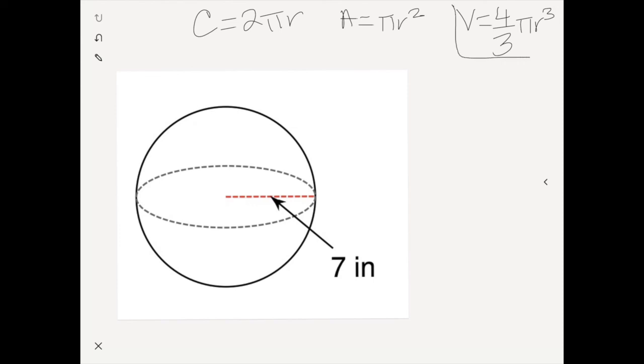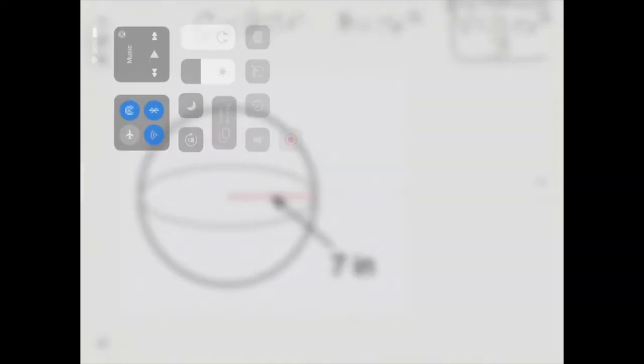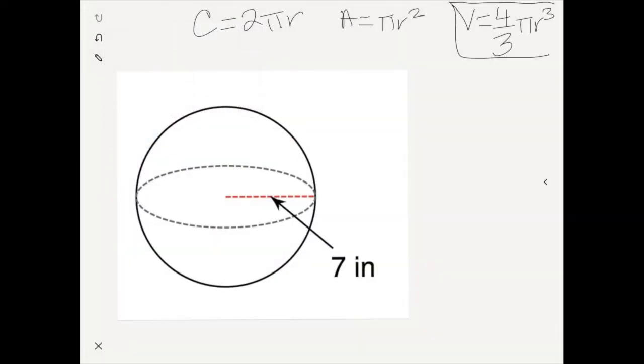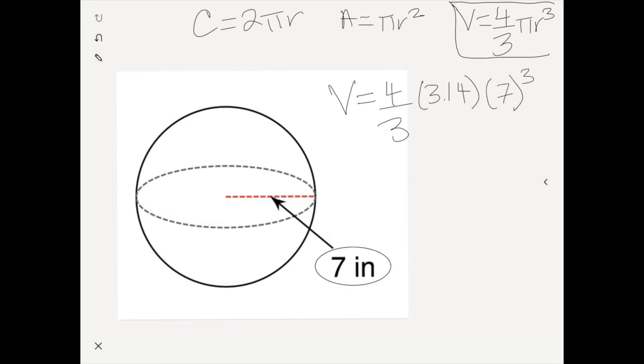So we're going to be using this equation for volume, 4/3 pi r cubed. The only thing you really need for volume of a sphere is the radius. If you know what the radius is, you can definitely find the volume. So let's solve this. We have volume is 4/3 times 3.14. Our radius here is 7, so times 7 cubed.